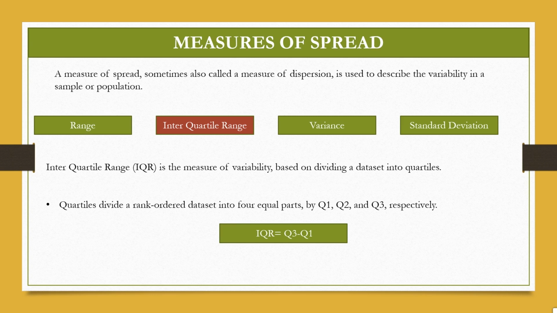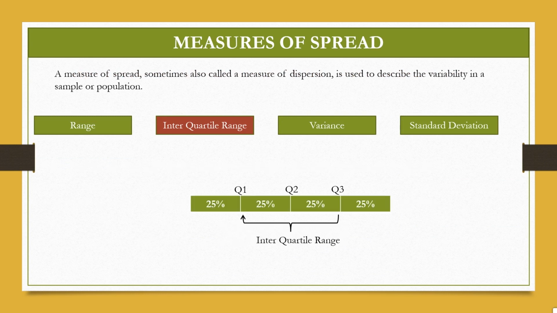Each quartile represents a quarter, which is 25%. So I hope all of you are clear with the interquartile range and what quartiles are.